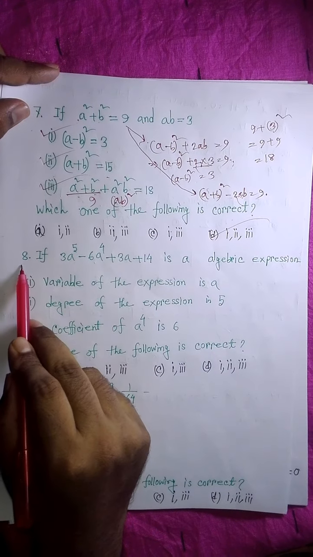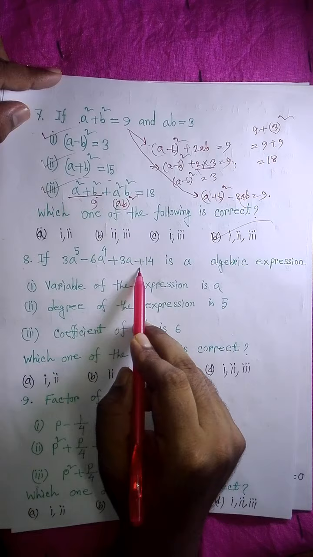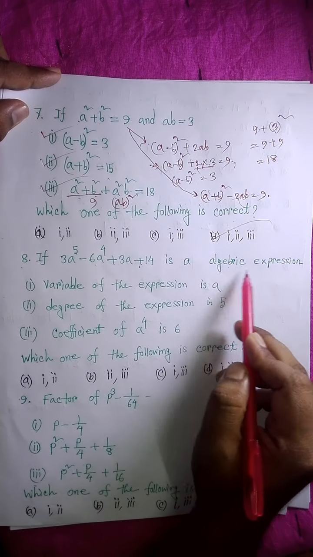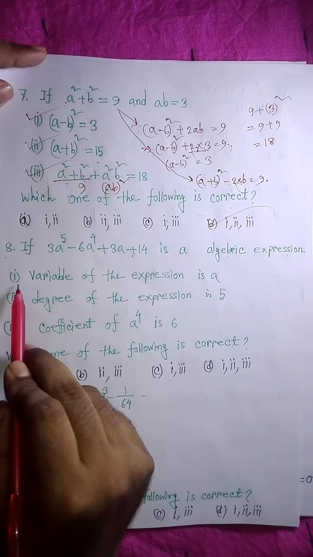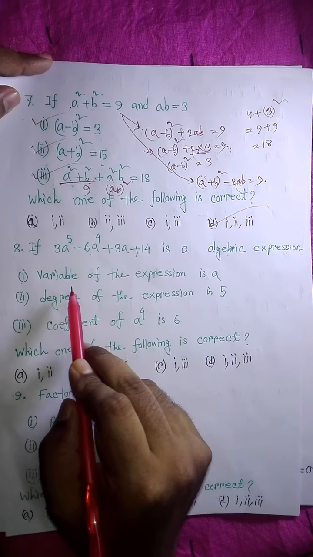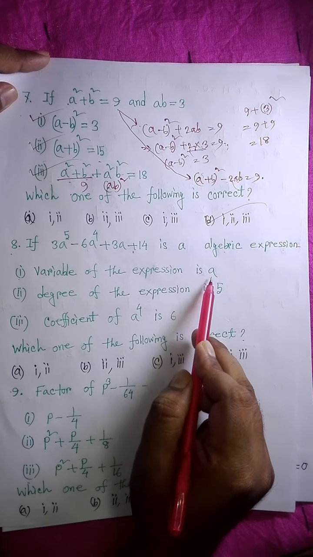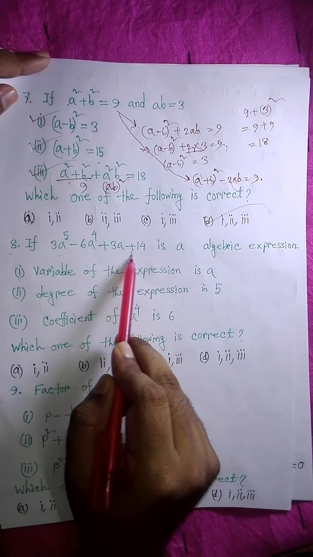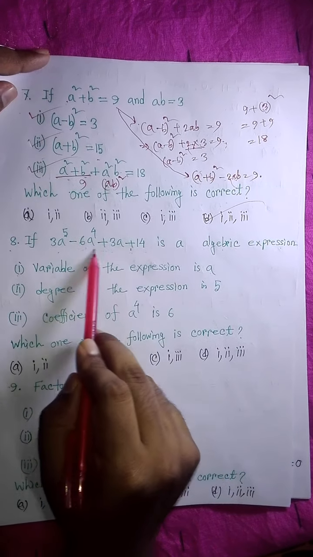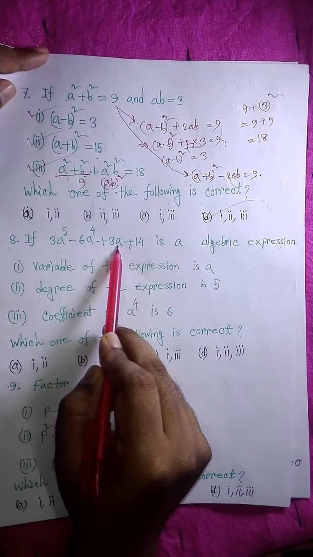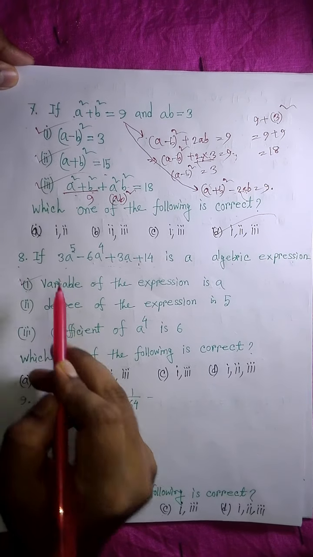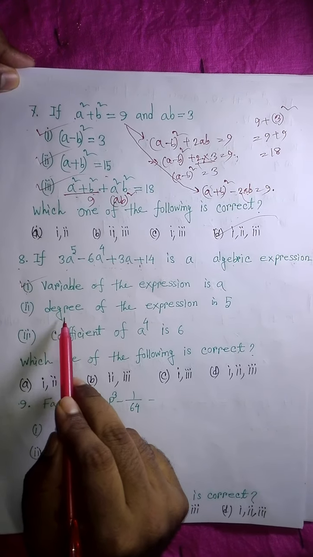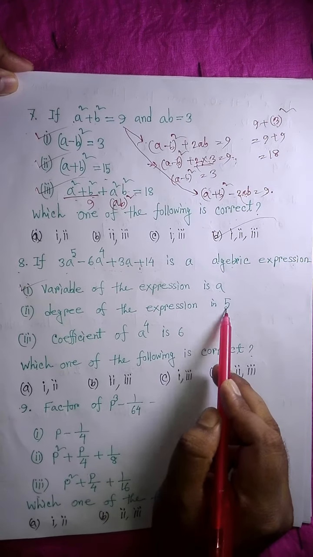Now question number 8. If this is an algebraic expression, then first condition, variable of the expression is a. Here you see that the variable of this expression is a. So condition 1 is correct. Now second condition, degree of the expression is 5.